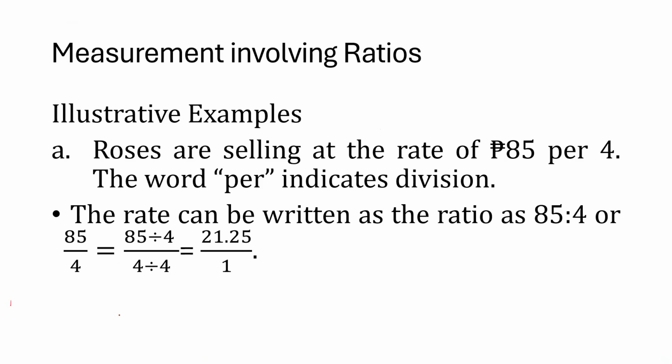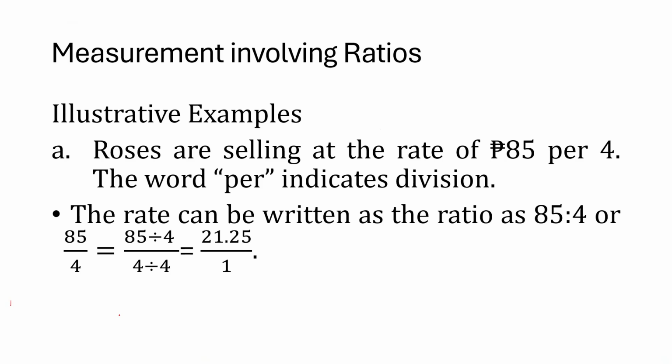The difference between ratios and rates is that a ratio is usually written in whole numbers, just like the number of fruits, number of t-shirts, or anything that is in whole numbers.